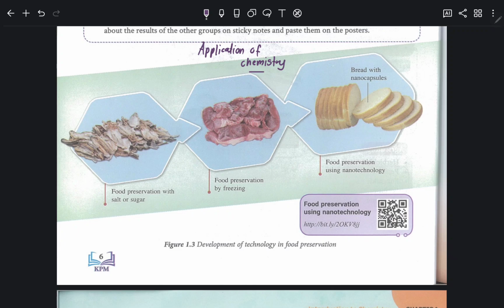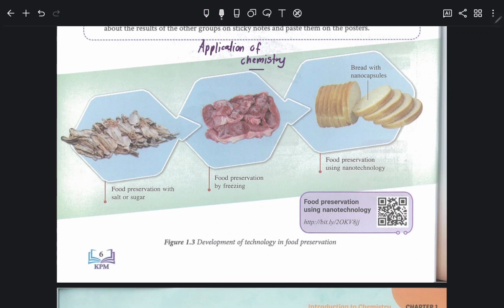Okay, so first thing first, food preservative. Just now you learned about food preservative, right. Sometimes you use salt, for example when making jeruk, pickles. Your parents will do it with salt. They will put salt. Why? Because it will last longer.